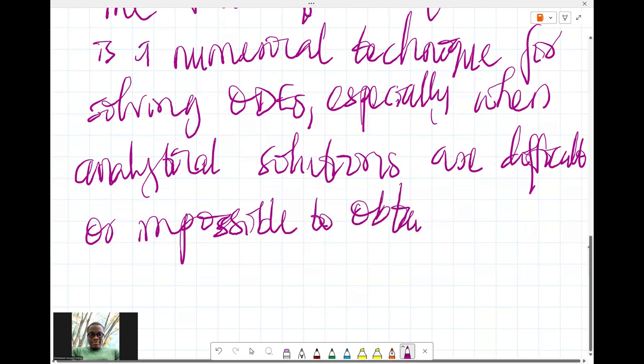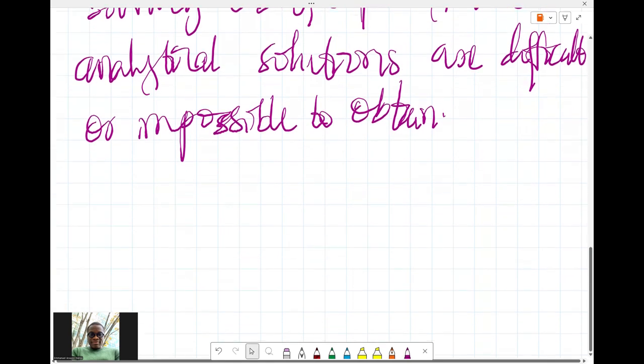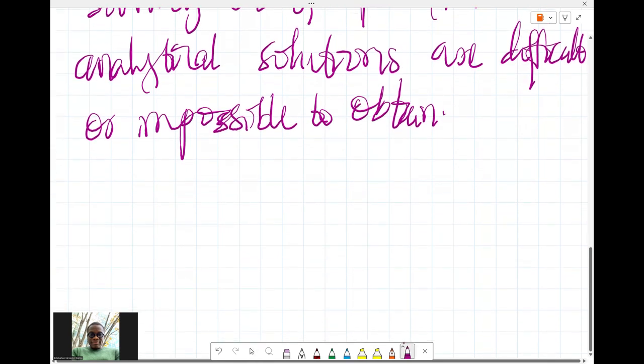That's the whole essence of numerical analysis, right? So what is this about?